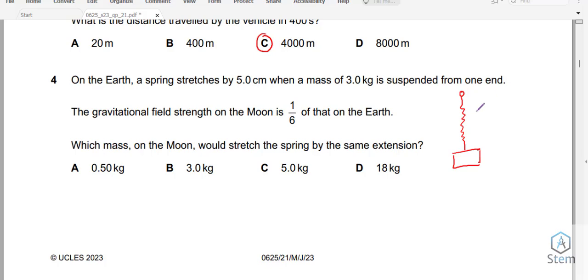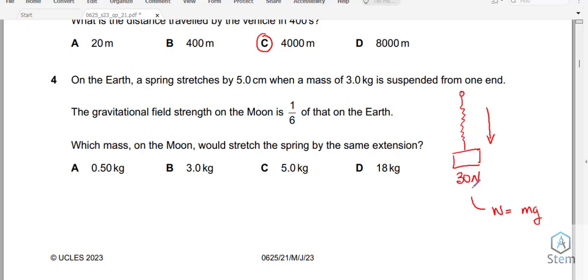Alright, so the spring extends here, and it extends because of the weight. And in this case, our weight is 30 newtons. We get it from saying weight equal to mass times gravitational field strength, which we know on Earth is 10.